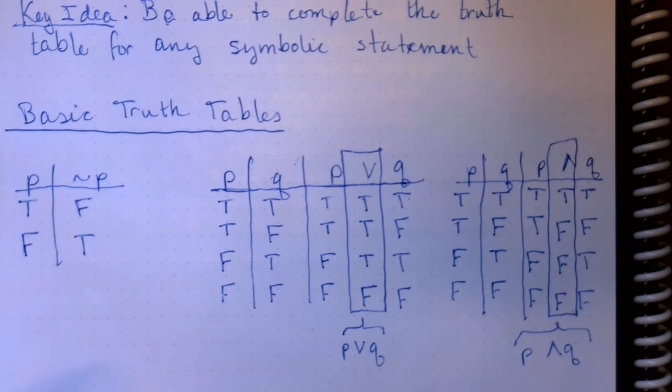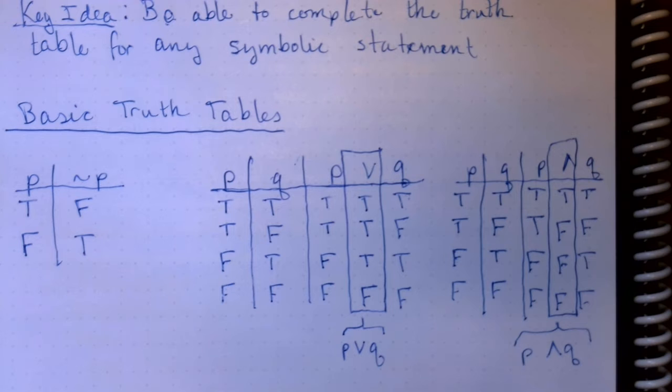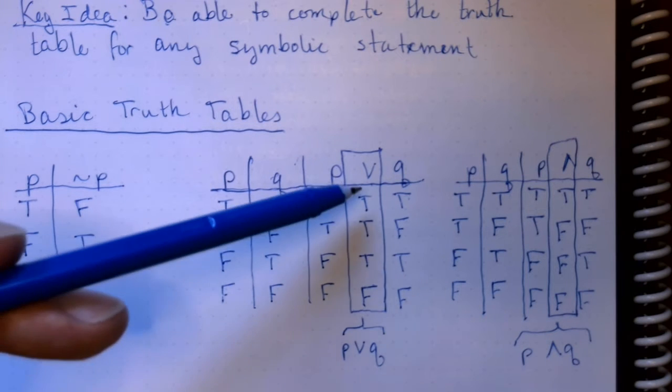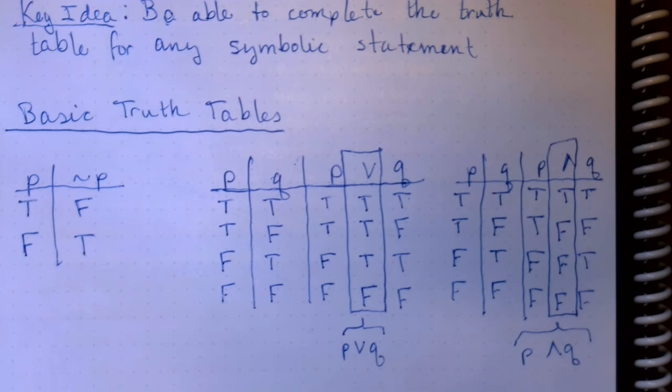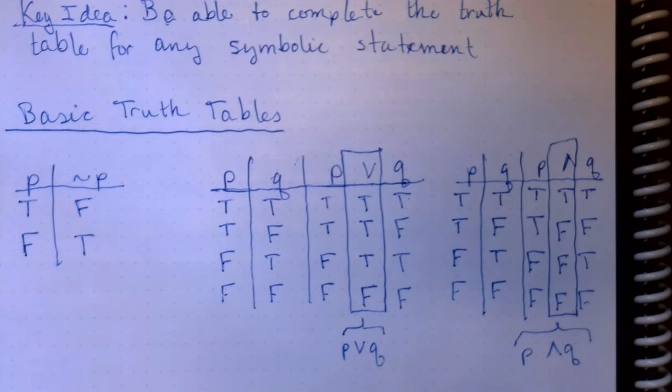Okay, because it's just going to be made up of a combination of symbolic statements and these operators of not, or, and. Those will be the way we combine them. And the way we'll fill out the truth table is we'll just follow the rules for filling out the truth table based on these operators that we have right here.